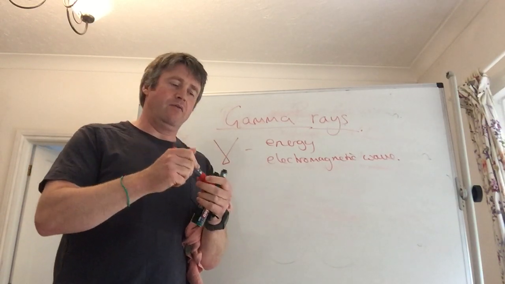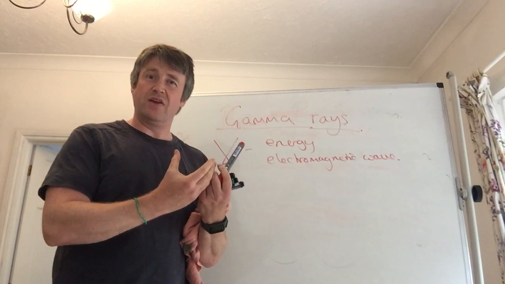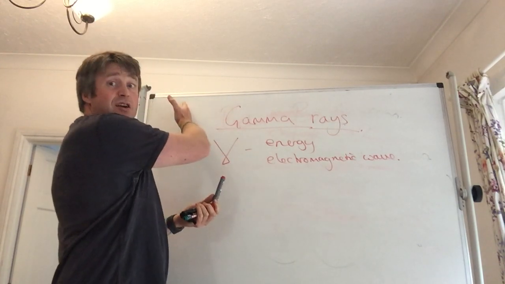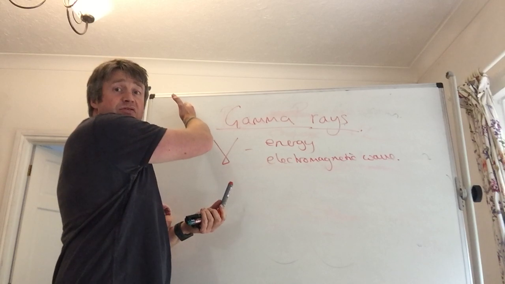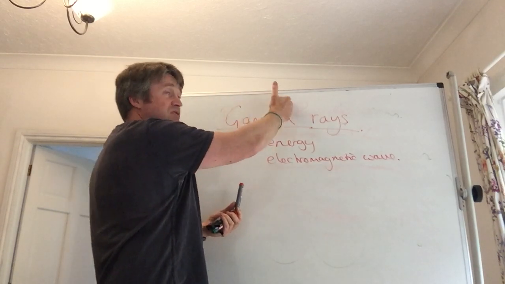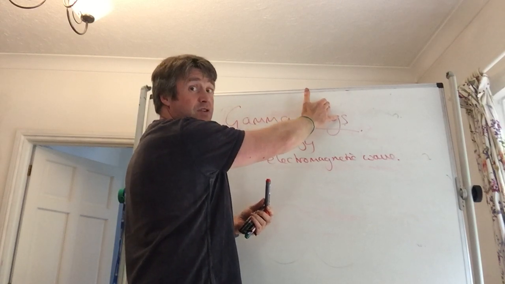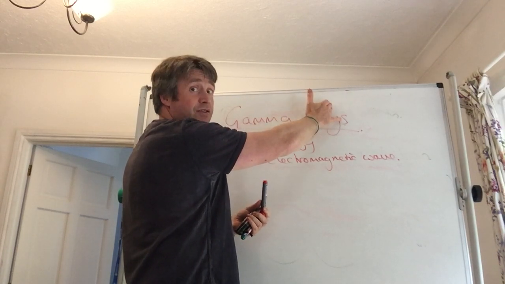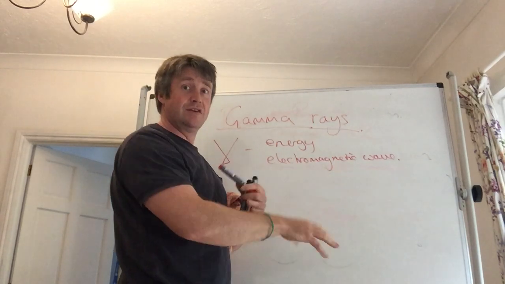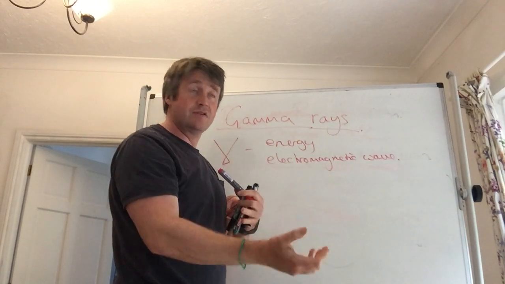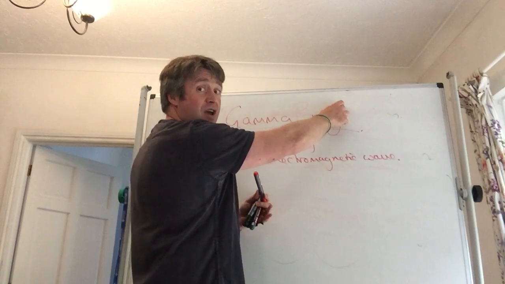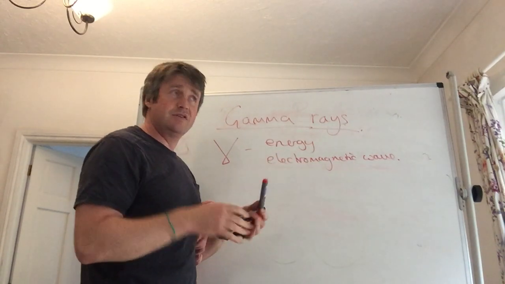We'll learn about the electromagnetic spectrum, and it starts off with radio waves at this end, which are pretty harmless, going through microwaves, visible light, and then we get to UV light, which is ionising. It's not a type of nuclear radiation, but it is ionising. It can cause skin cancer because it can ionise damaged skin cells, etc. Then you have X-rays, and you know you're only allowed so many X-rays every year.